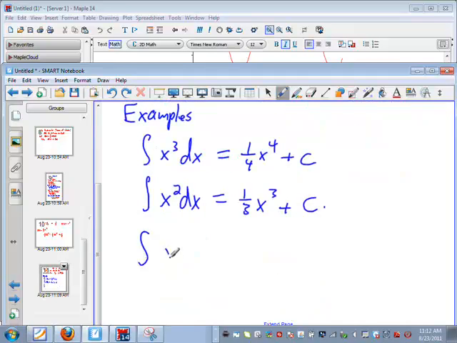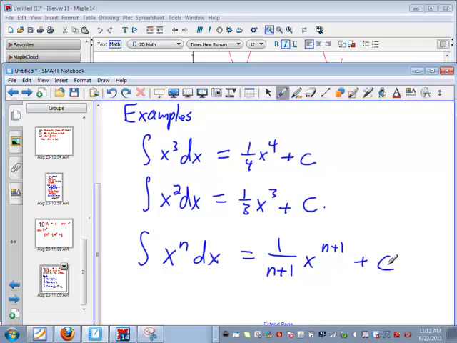Right. That's how mathematicians work. In general, the antiderivative of x to the n is what? 1 over n plus 1 x to the n plus 1 plus a constant. Okay. This is true as long as n is not what? Negative 1. We don't want to divide by negative 1.